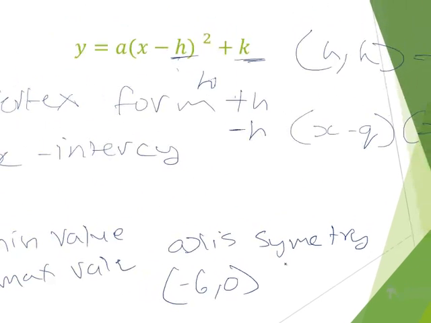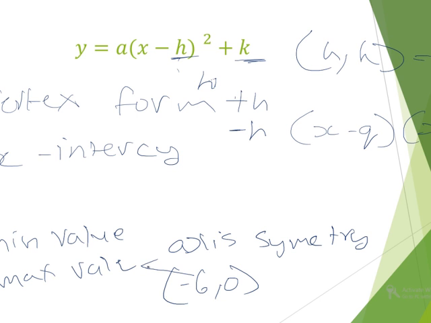If this is your point in a graph, the minimum or maximum value will be the y, and the axis of symmetry will be the x from the vertex point.